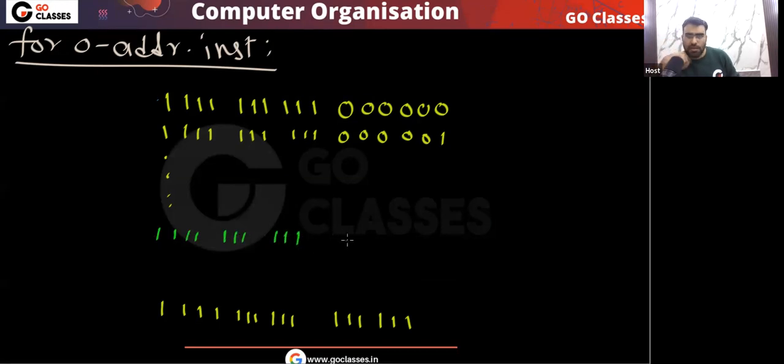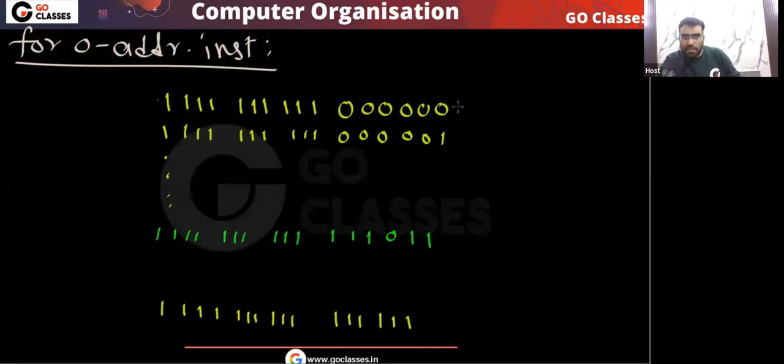Basically, from 63 we just remove 4, so that will be 1 1 1 0 1 1. Is this correct? Yes or no? This is 63, just remove 4, right?